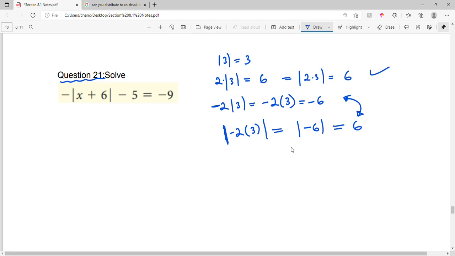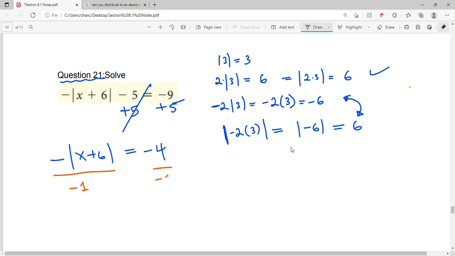We first have to isolate the absolute value, so I'll add the 5 to both sides. Negative absolute value of x plus 6 is equal to negative 4. Now again, I don't want to distribute, I'd rather get rid of it using division. So let's divide both sides by negative 1, because we could pretend there's a negative 1 in front of this absolute value.